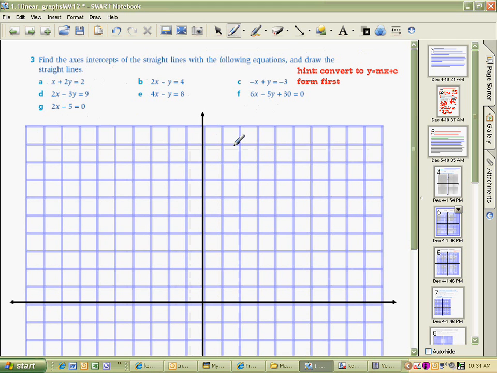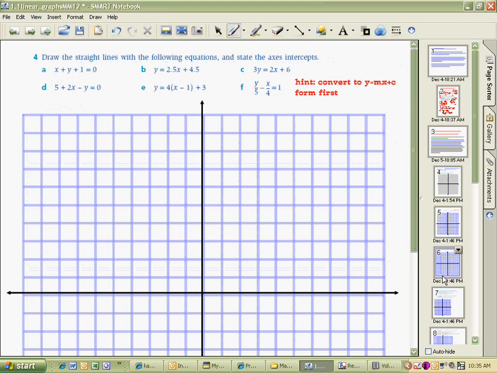This one here, exactly the same as the previous question, except that you've got just to rearrange it, converting it first to y equals mx plus c. This question here, same story, just converting it to the form of y equals mx plus c first. So to do that, well, that one's already in that form, so that's easy. This one here you'd need to shuffle it round to get y by itself.